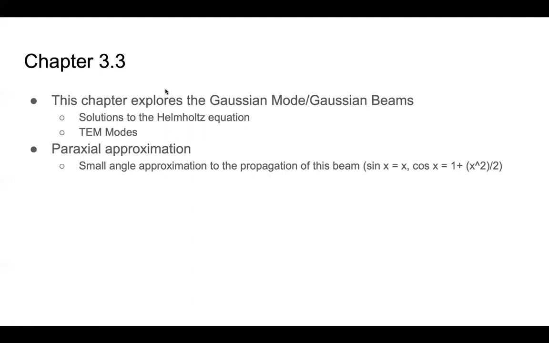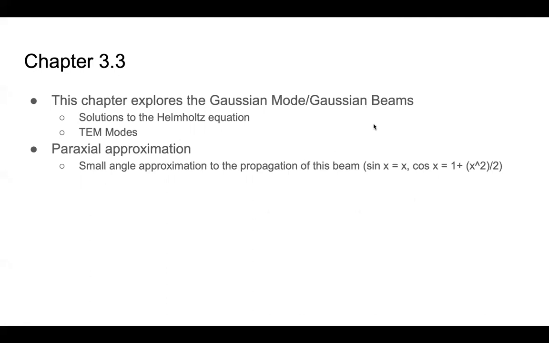And then I guess 3.3 explores the Gaussian mode and Gaussian beams. These are just solutions to the Helmholtz equation, or the wave equation. And the paraxial approximation basically describes a small angle approximation to the propagation of the beam. So basically, you might have an x component and a y component, so that the beam is going like that.